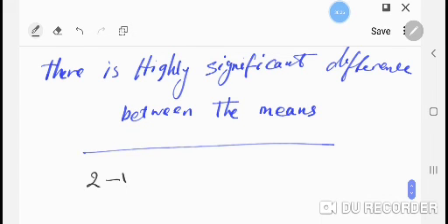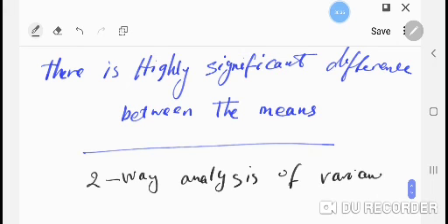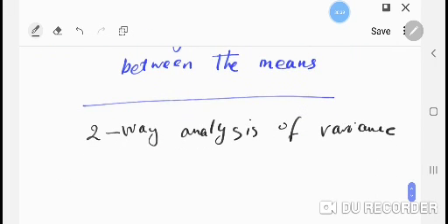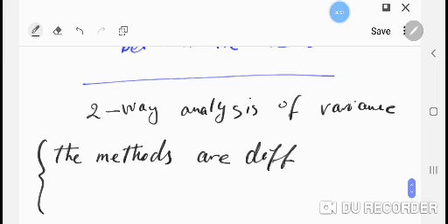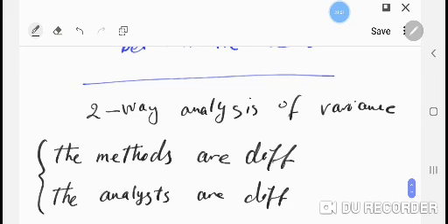Two-way analysis of variance, because the methods are different and the analysts are different.